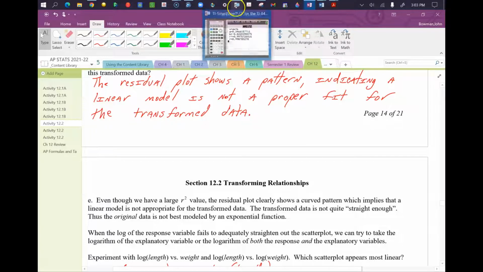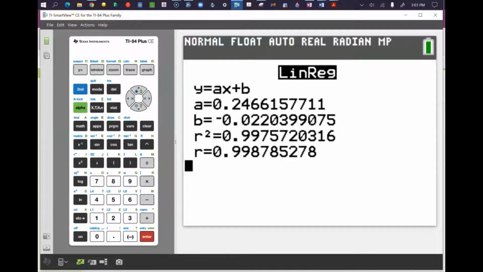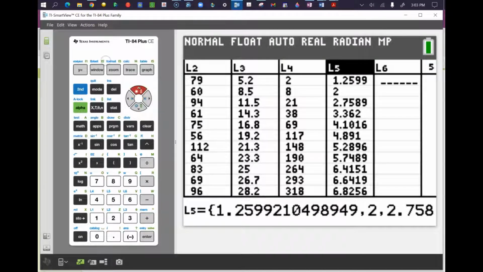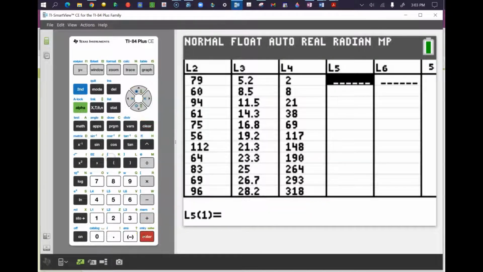So in other words, just to be clear, if you go back to your data here, we're going to get rid of the cube root of the weight, clear that out, and let's say I want to take the log of the length. Okay, that's log of list 3. You can use whatever log base you want, natural log, log base 10, log base whatever.